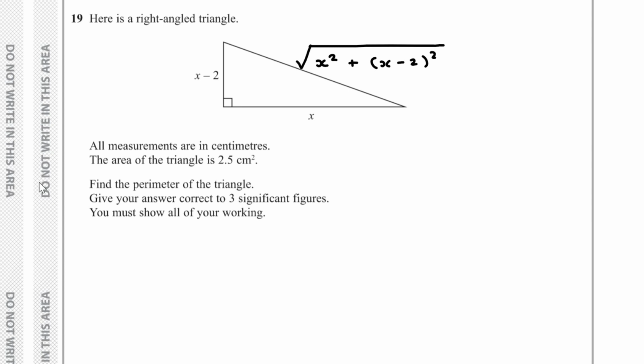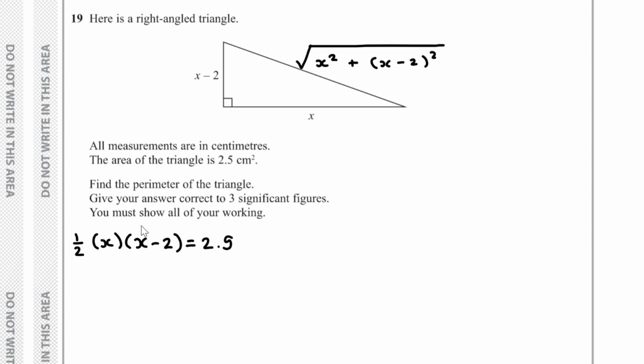So now the area is equal to 2.5. In other words, 1/2 times the base, which is x. So let's just put this into brackets actually. Times the height, which is x minus 2. This is equal to 2.5. If we find out what x is, we can use this to find out the perimeter.